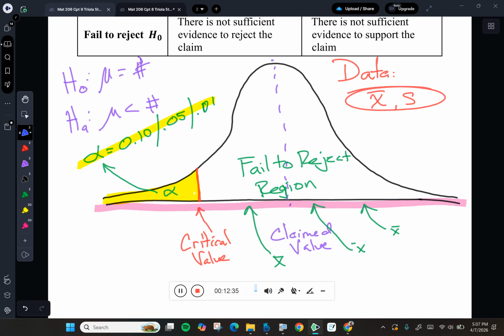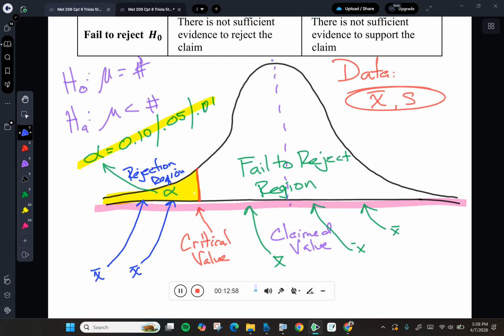If our data plots over here, anywhere in that tail, if our X bar plots over there anywhere, that's called the rejection region. And if it plots over there, we would reject the null hypothesis.